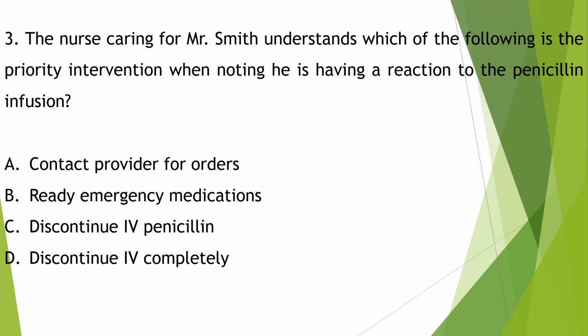Contact provider for orders, ready emergency medication, discontinue IV penicillin, or discontinue IV completely? The first thing the nurse needs to do is discontinue the IV penicillin and remove the tubing. Start normal saline, then contact the provider and arrange the emergency medications. So the IV should not be discontinued completely.